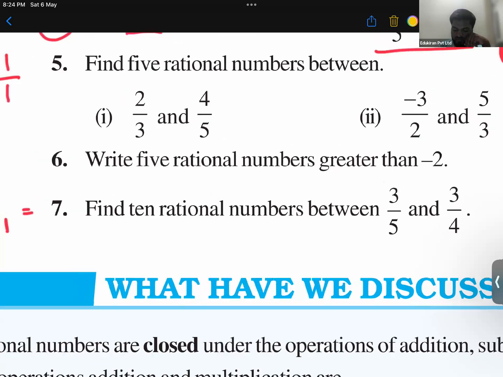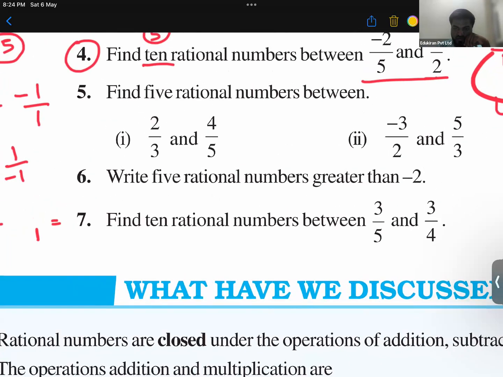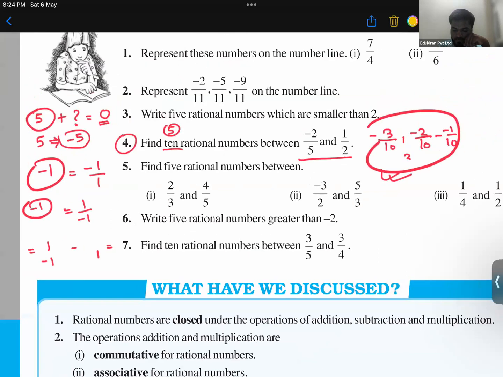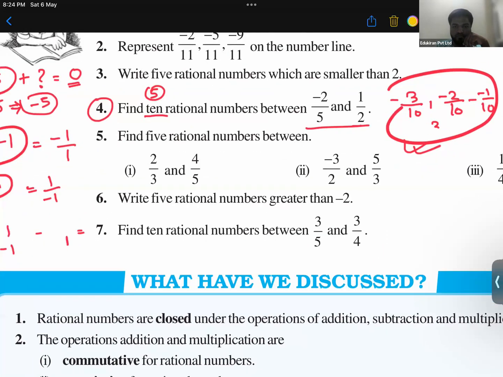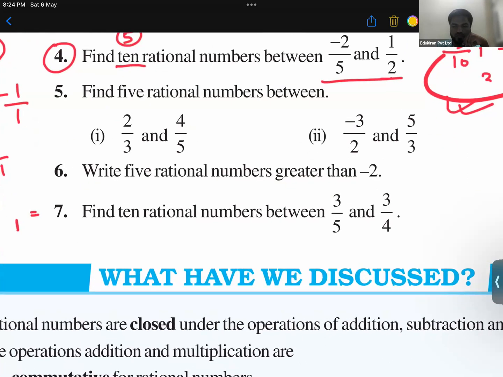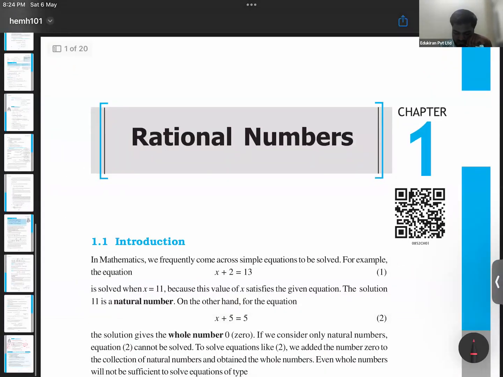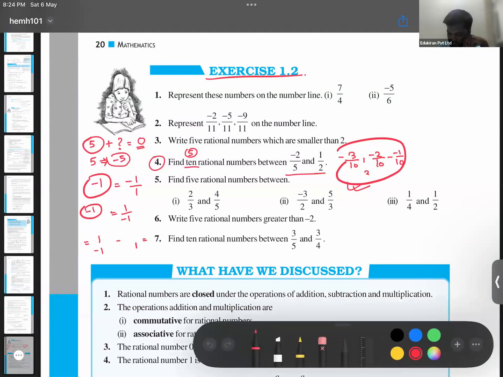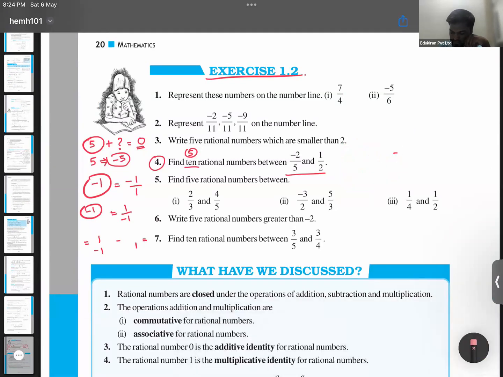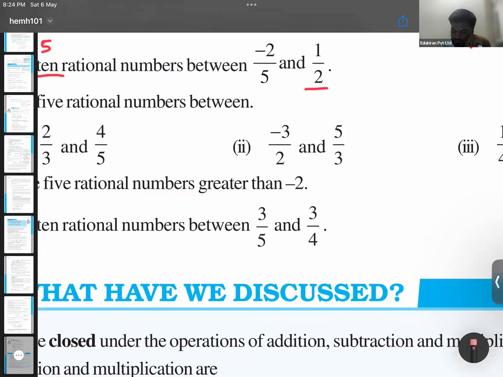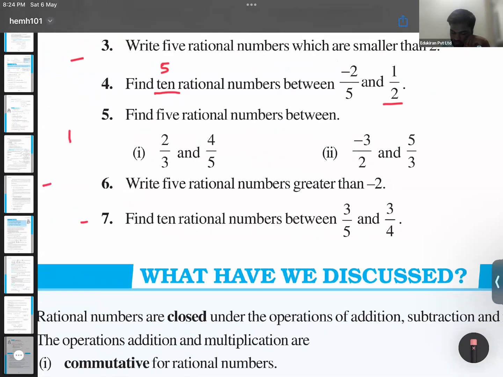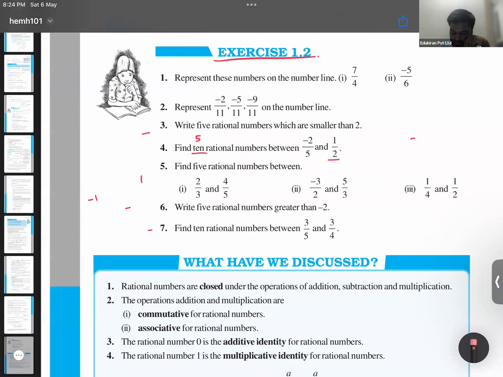That's very simple. We will take -2 upon 1. Sir, -2 upon 1 basically is -2. You see, you have to write 5 rational numbers which are greater than -2.